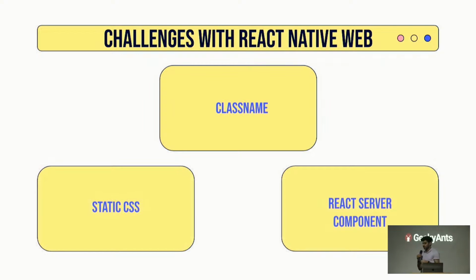Next, Expo, Vercel, and every other React framework is pushing React Server Components. And this requires you to write your styling in a static CSS file, right? And that is the problem with React Native Web. So it cannot support React Server Components as well.